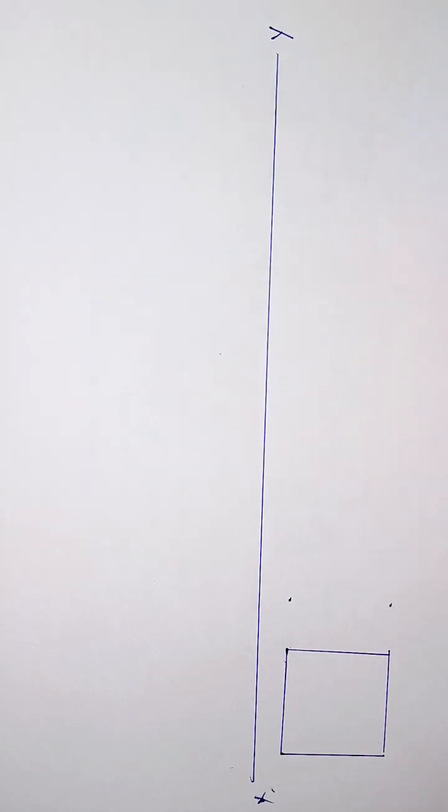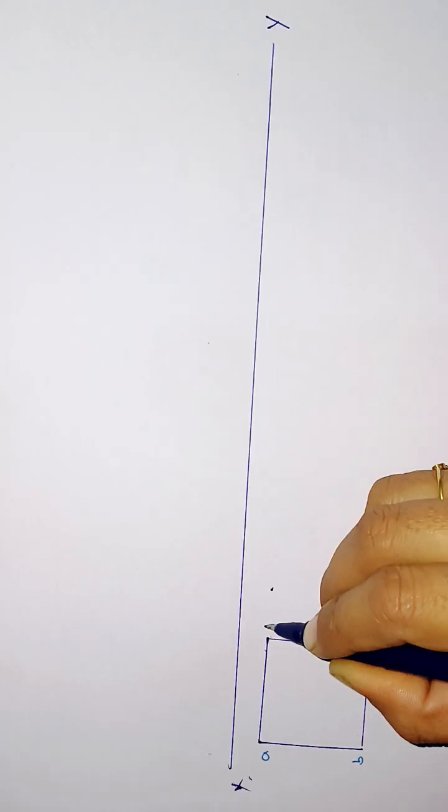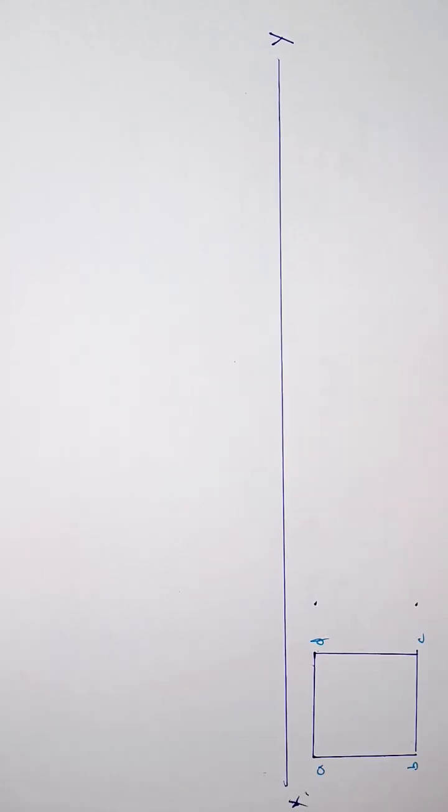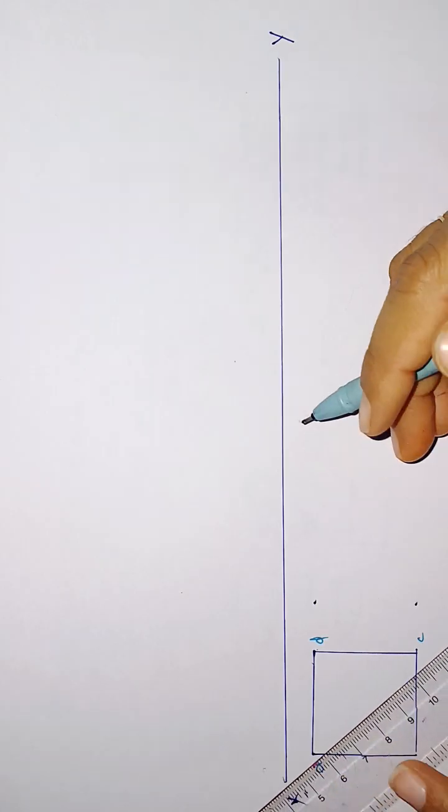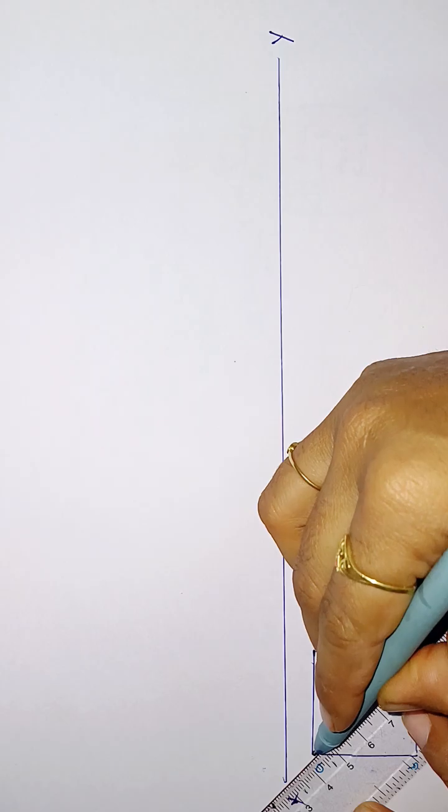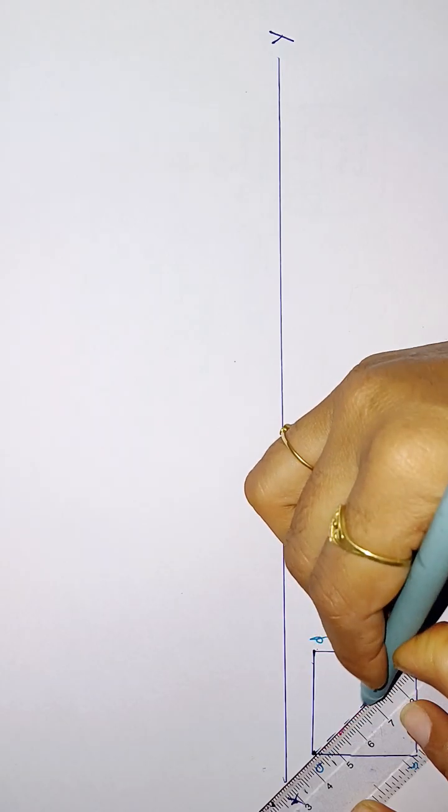Next you have to mark the points A, B, C and D. Similarly, you have to draw the axis also, and that axis passes through the hidden points.